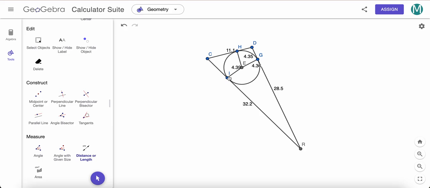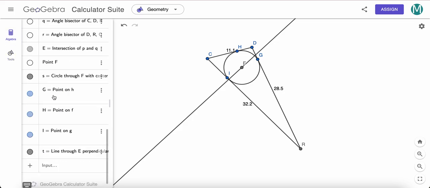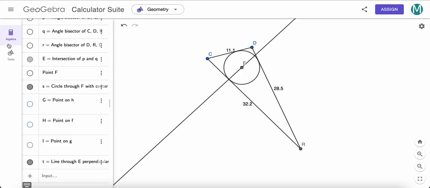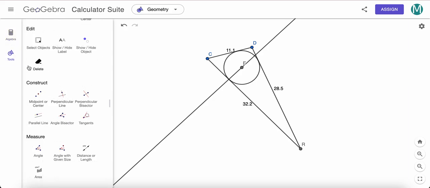So I think there are some problems here with these points. Let's go back and let's find the perpendicular line from this point to this. So let me see, I got the points wrong. Let's delete or hide these points. That is my point. It's gonna be this.